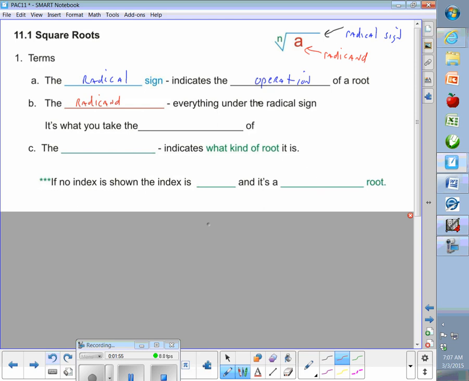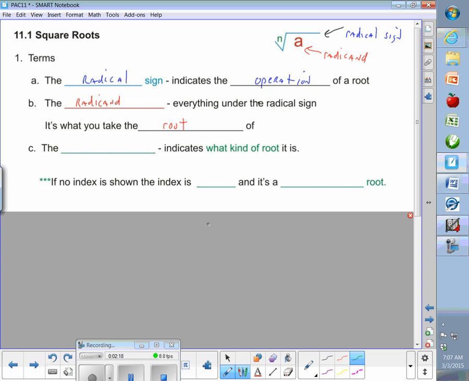So you have a radical sign, you have a radicand, and the radicand is what you take the root of. I know that's not the greatest English, but that's good math, right? You take the root of the radicand, of everything underneath the radical sign.